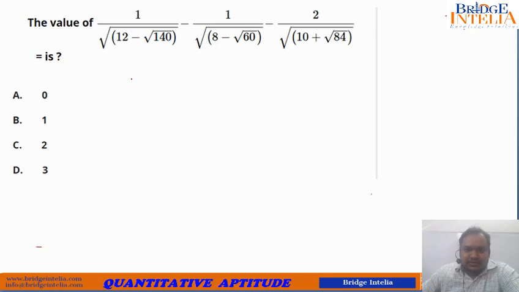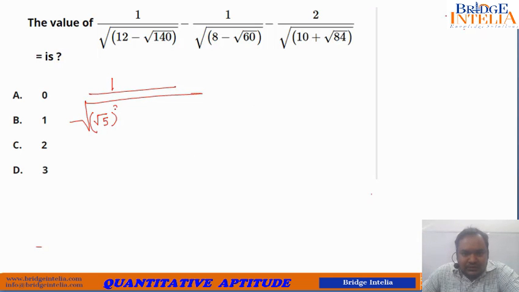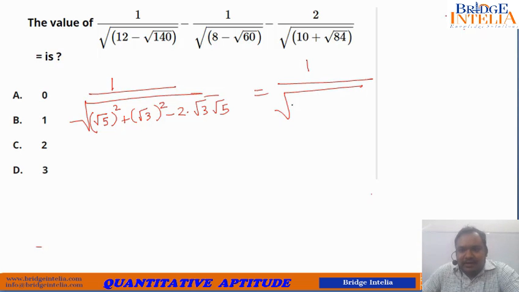Okay, so now this second term can be written, if you write this carefully, as under root of (root 5 whole square plus root 3 whole square minus 2 into root 3 into root 5). So this is nothing but 1 divided by under root of (root 5 minus root 3) whole square. So this comes out to be 1 by (root 5 minus root 3).